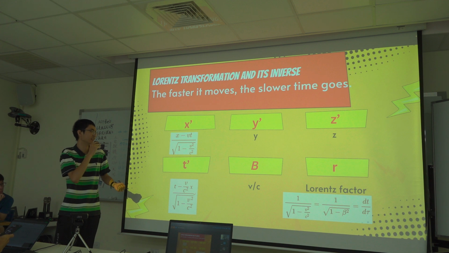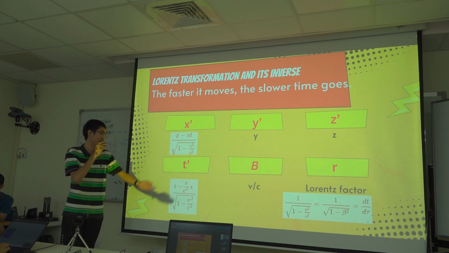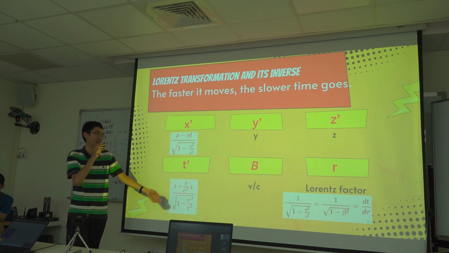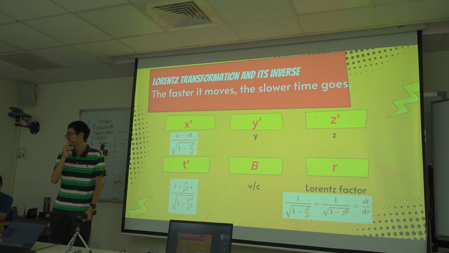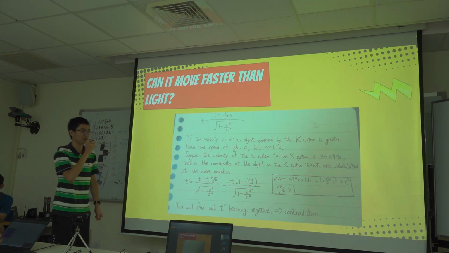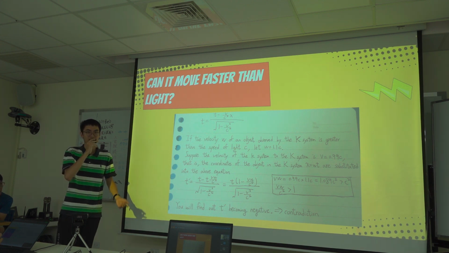special relativity, we calculate that x prime is this, y prime is y, z prime is z, and t prime is this, and we have the Lorentz factor, which is this one. According to this, we can calculate whether we can move faster than the speed of light, like the hero in the movie.